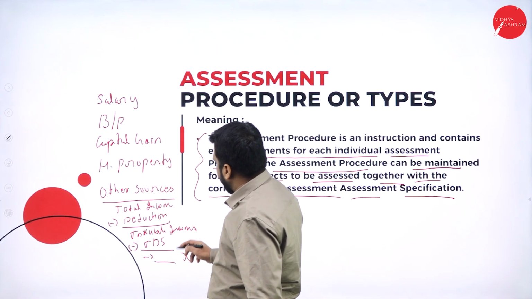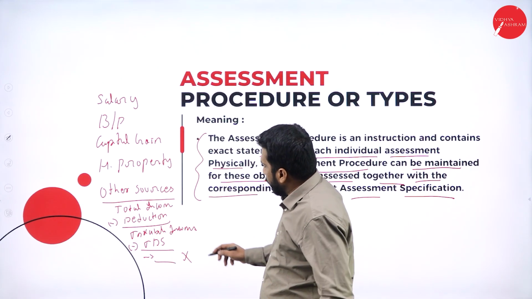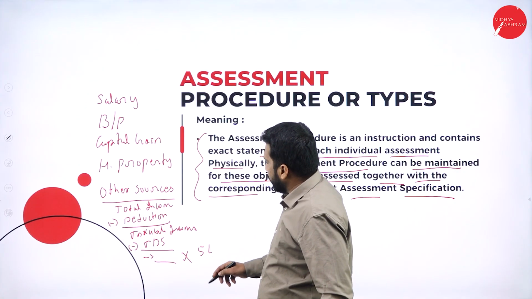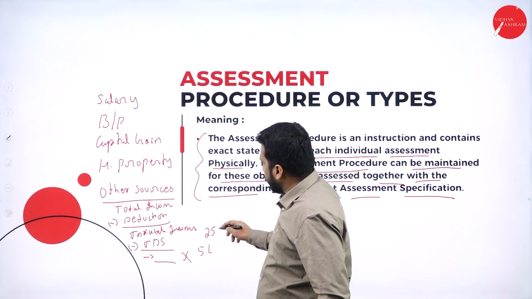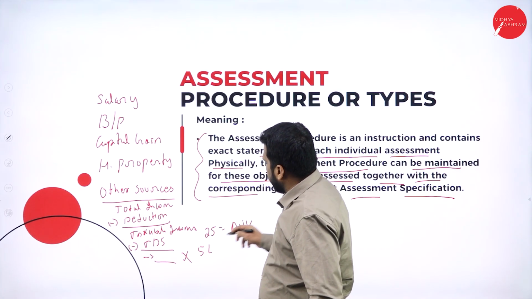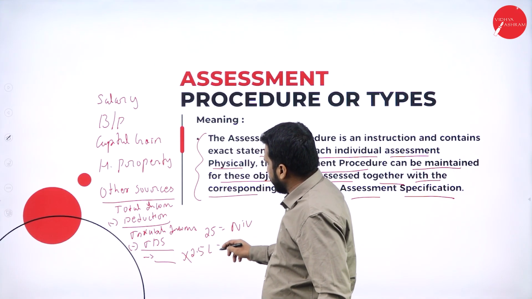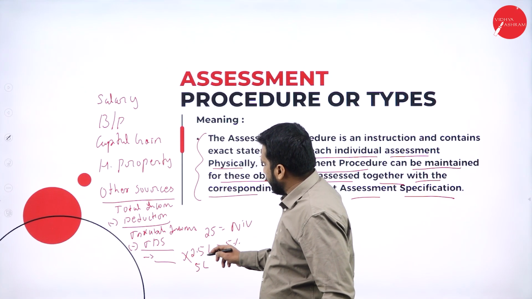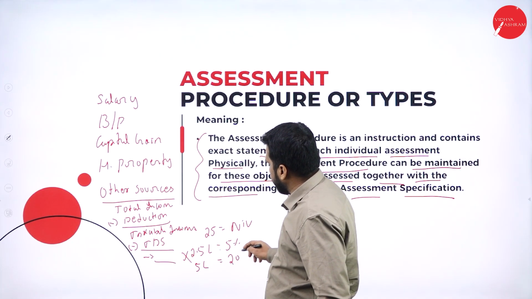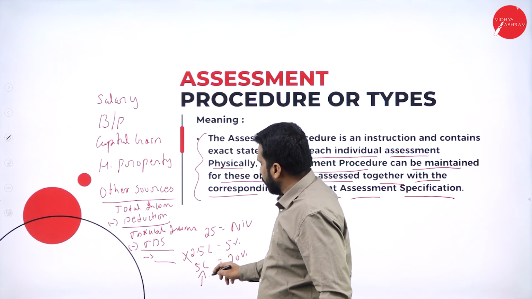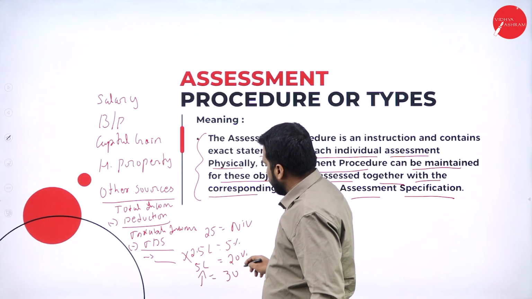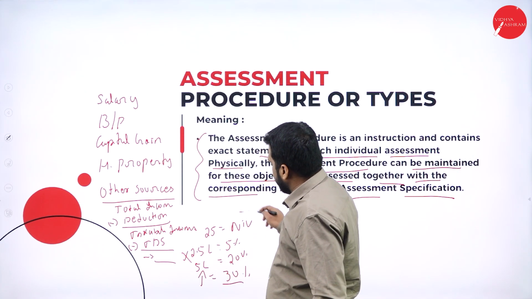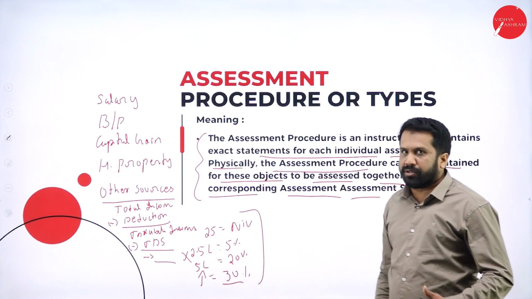On that, you can calculate: first 2,50,000 is nil. Next 2,50,000 is 5%. Next 5 lakh is 20%. And the excess amount, above 10 lakh, is 30%. These are the calculations you are supposed to do.